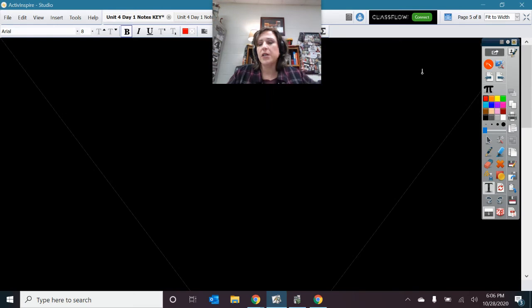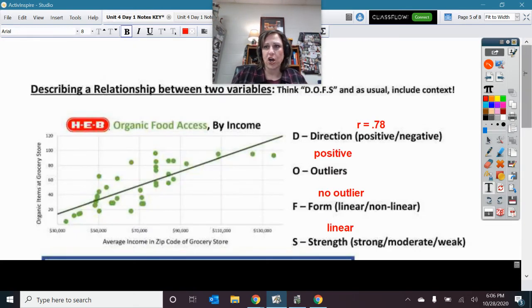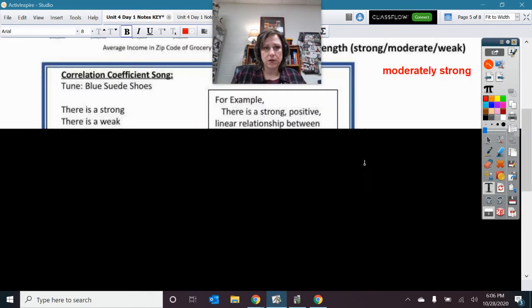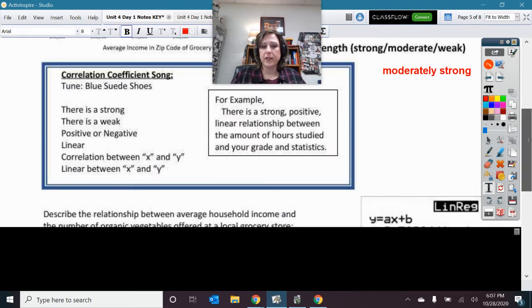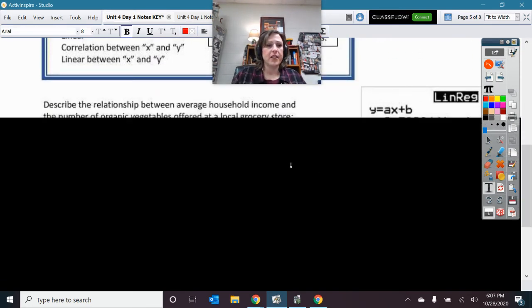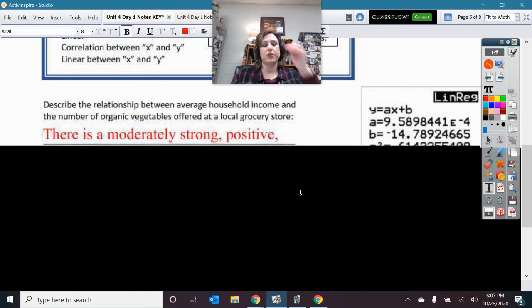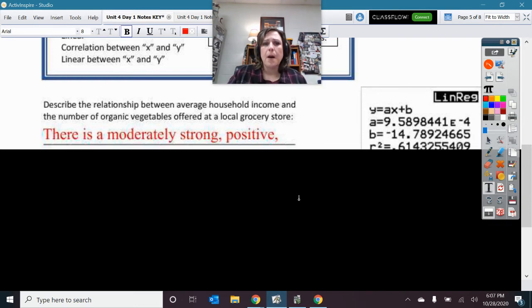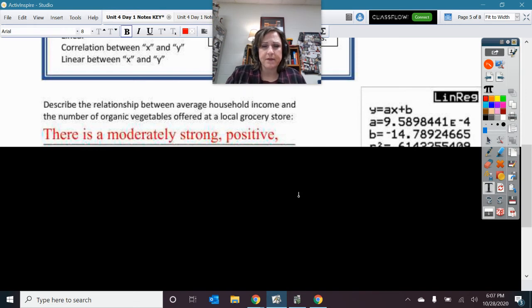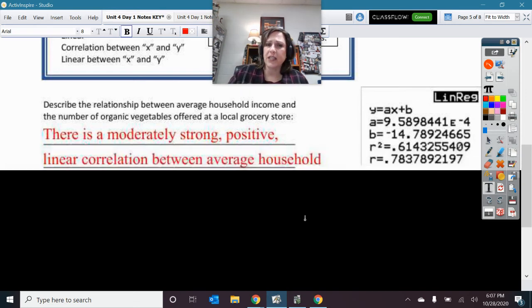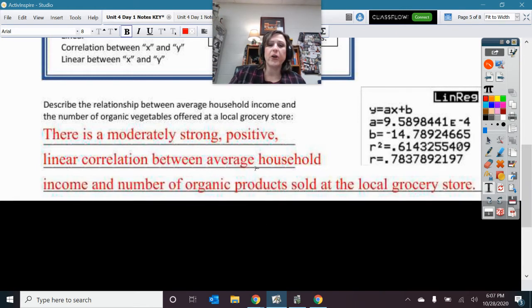Here's an example. There is a strong, positive, linear relationship between the amount of hours studied and your grade in statistics. The X and Y order doesn't matter, just those two variables. Let's write this out for our relationship between the average household income and the organic vegetables offered at the local grocery store. There's a moderately strong, positive, linear correlation between average household income and number of organic products sold.